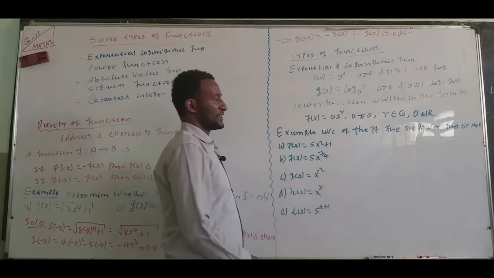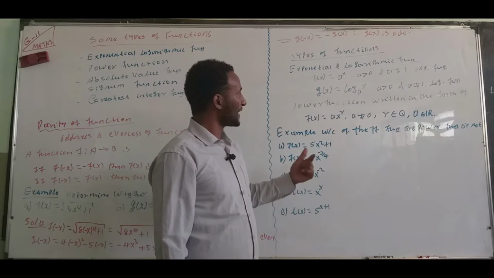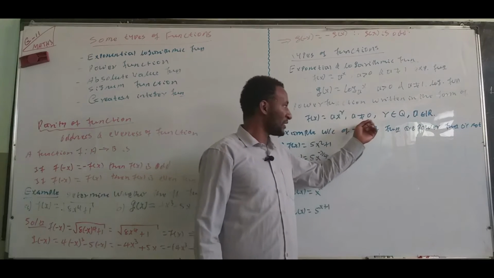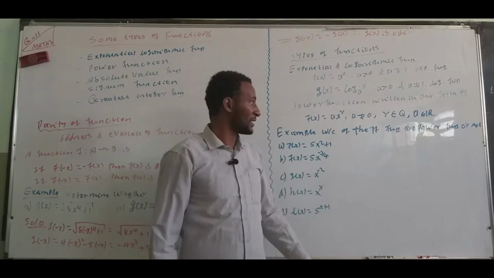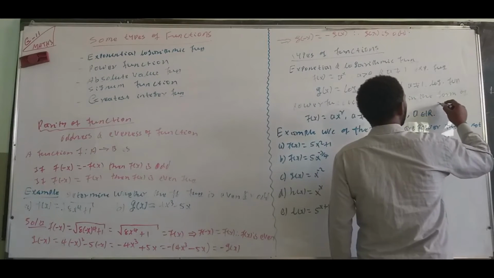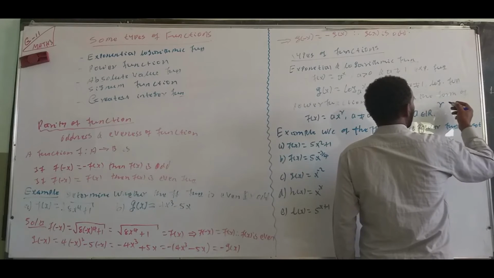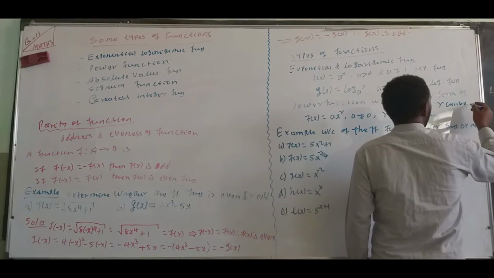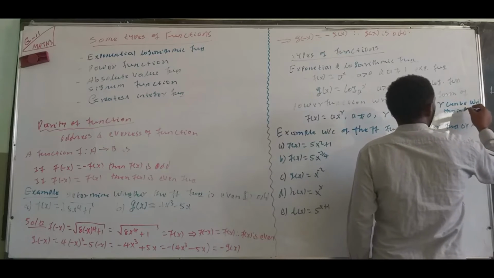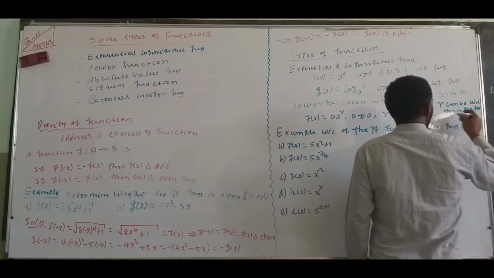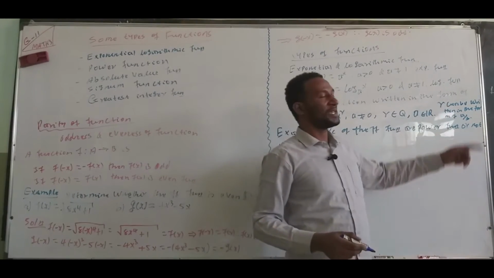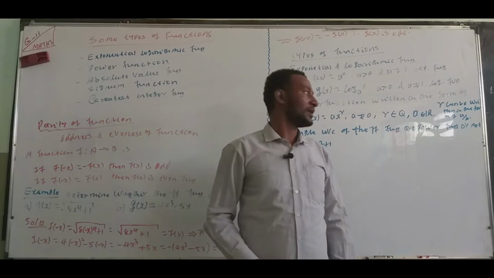To say the given function is a power function, it must be expressed in the form f of x is equal to ax to the power of r, where a must be different from 0 and r is an element of the rational numbers. That means r must be written in the form a over b, so r can be any rational number.